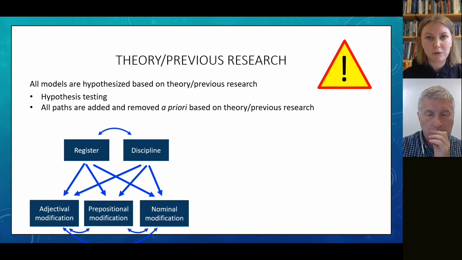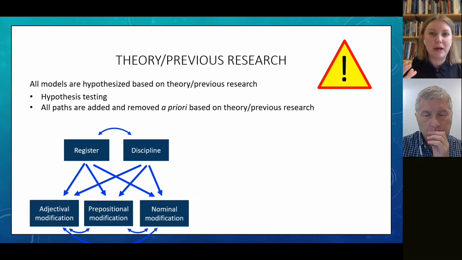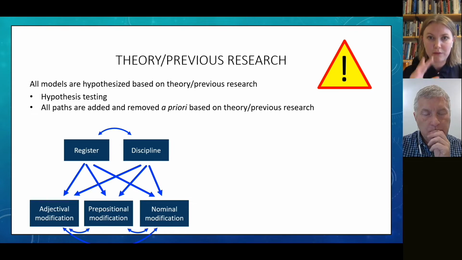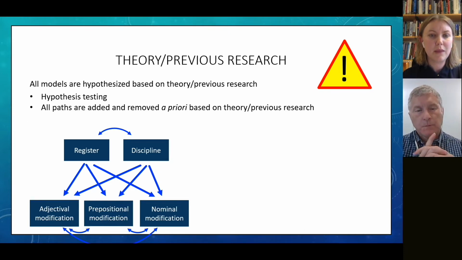There are some members of this family that have more of an exploratory flavor, but primarily it is hypothesis testing. And this means that all the paths, all those arrows that we have in there, whether bidirectional or unidirectional, are added and removed a priori, before we even run anything, based on our beliefs, based on theory, based on previous research. And this is really important.